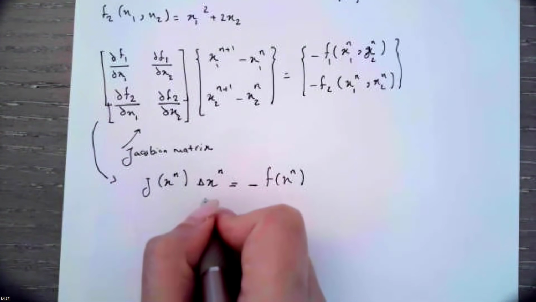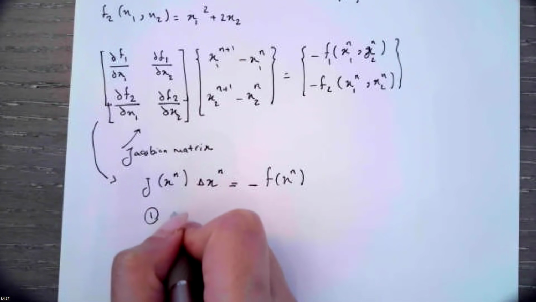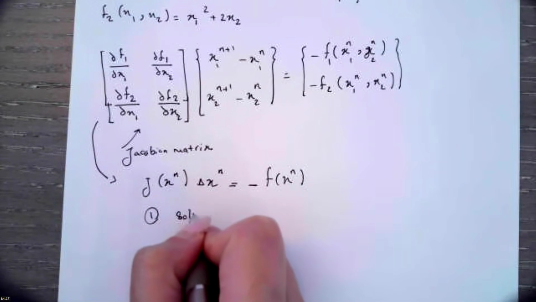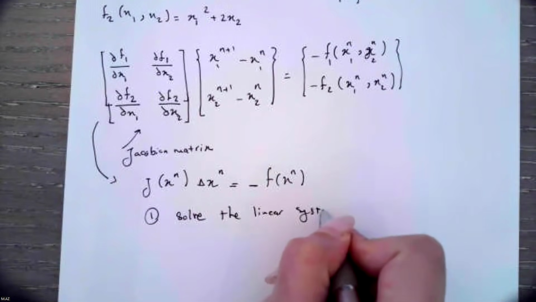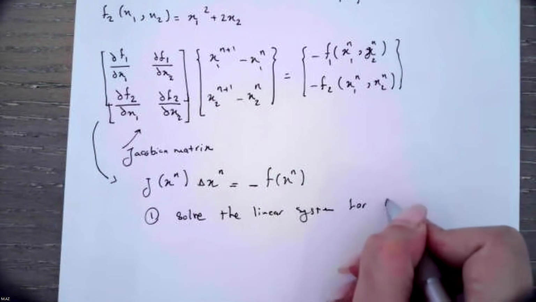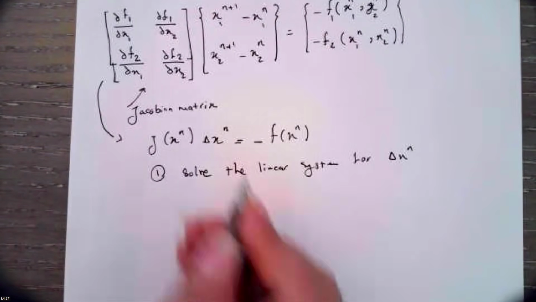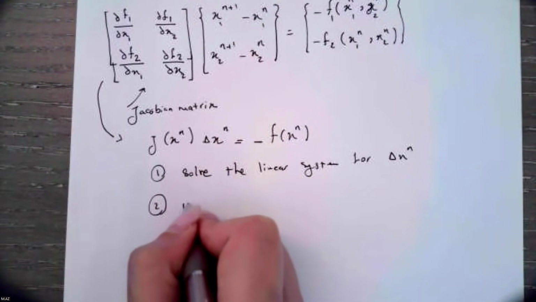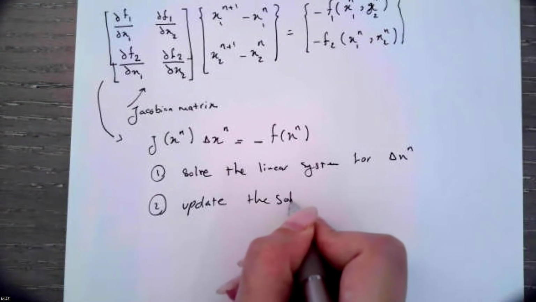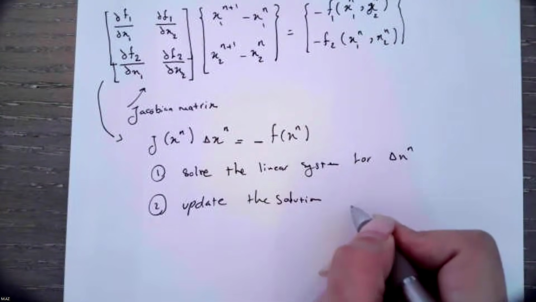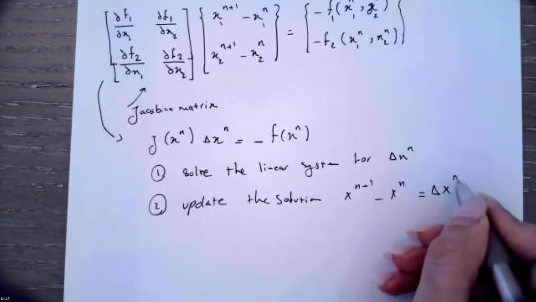First, we solve the linear system for delta x n, and then update the solution based on this: x n plus 1 minus x n equals delta x n.